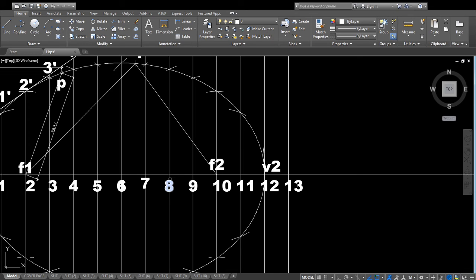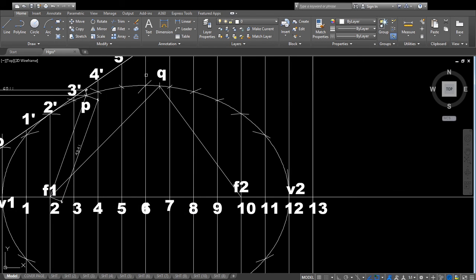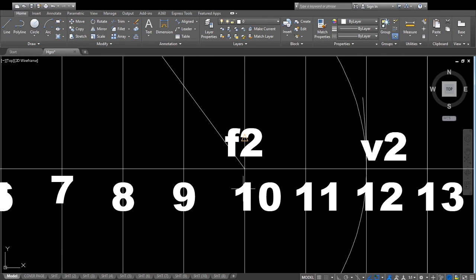The sum of F1Q and F2Q will give you V1V2, which is equal to the major axis. Let's check the measurement and see, and add them up to see if it will give us the same thing.